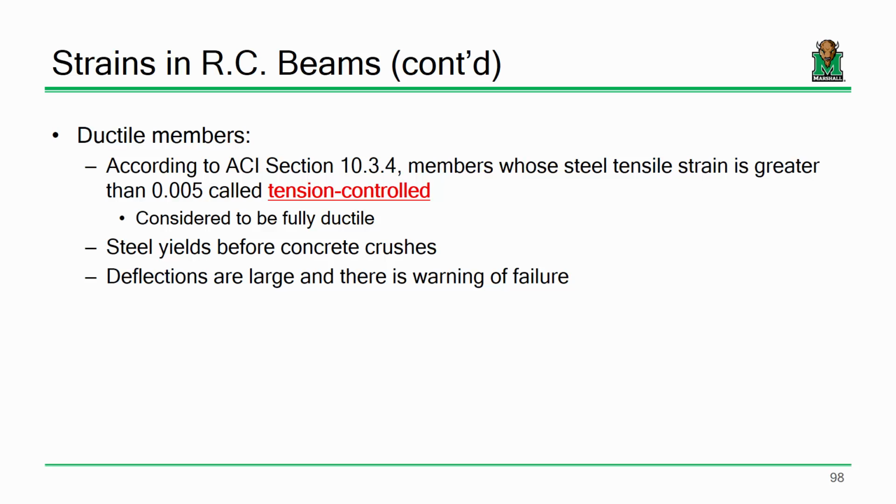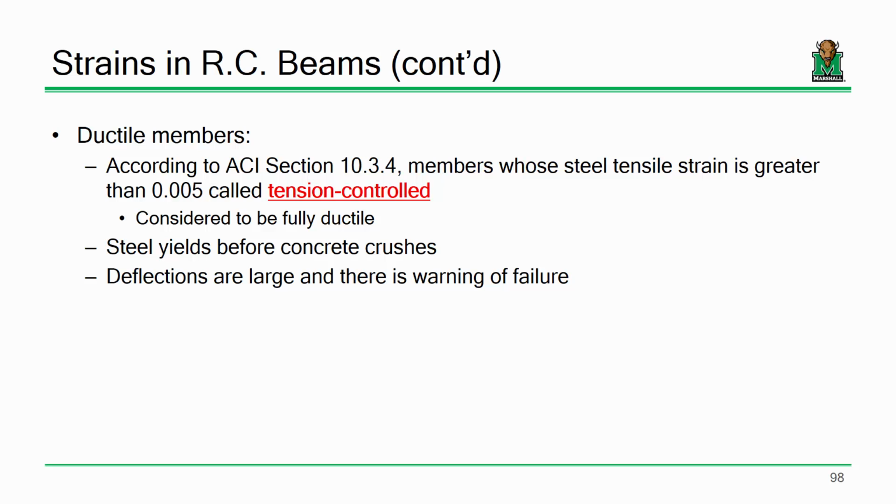Okay. So the first thing I want you to keep in mind is that for beams, the strain always has to be 0.004 or higher. What the code does is it goes a little bit further and classifies some behavior in very specific terminology.